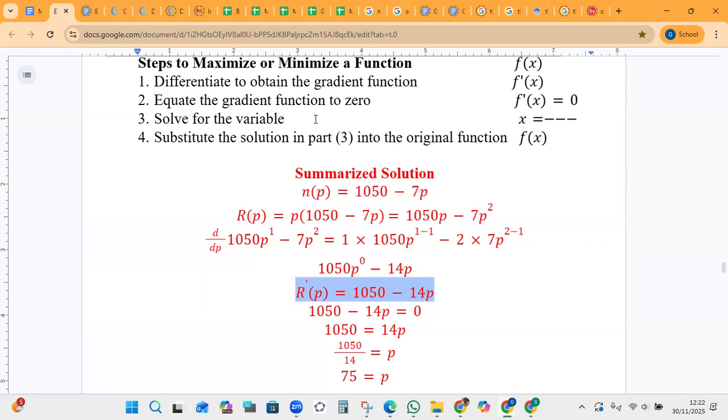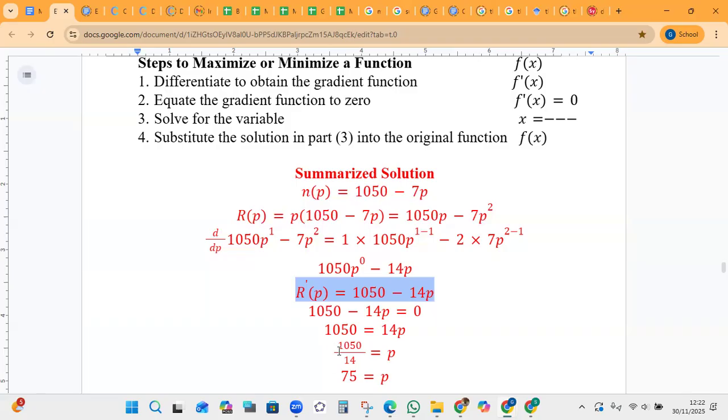So second step now is to equate it to 0. So with 1050 minus 14p, we're going to equal it to 0. And then we're going to solve for p. So we add 14p on both sides so that it can become positive on the right side. So we have 1050 is equal to 14p. And then we divide by 14.